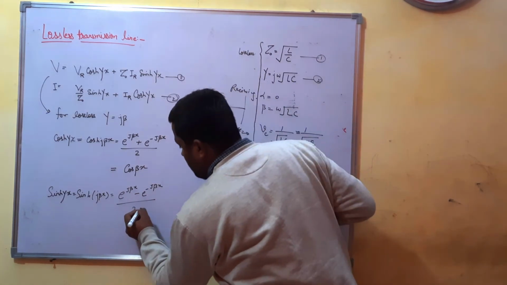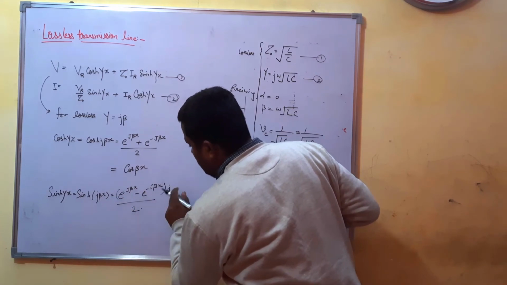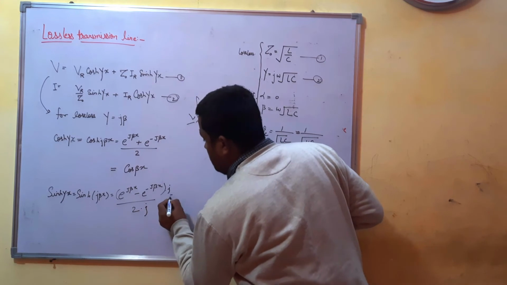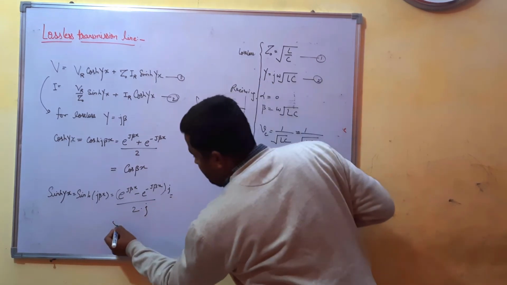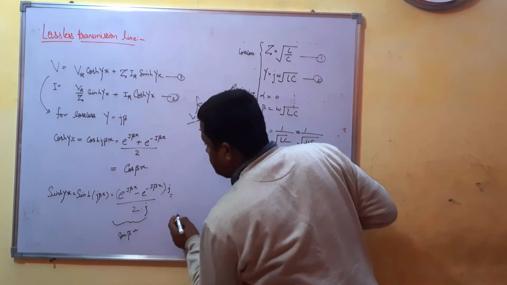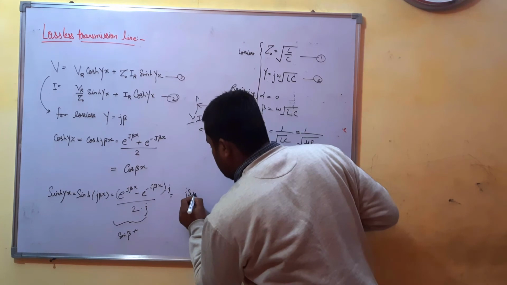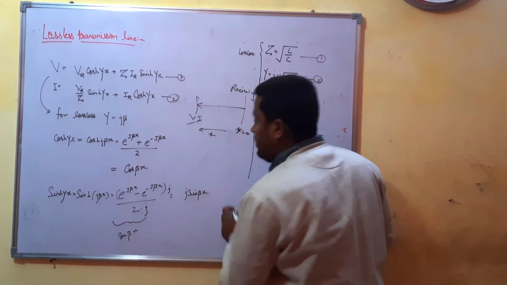If we multiply by j in the numerator and denominator both, this can be written as sin beta x. So sin hyperbolic gamma x becomes j sin beta x.